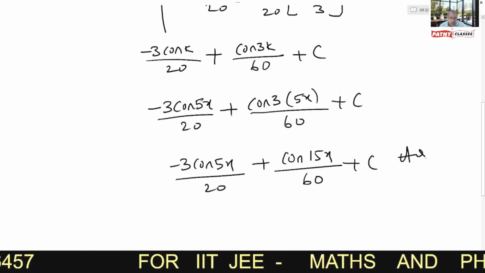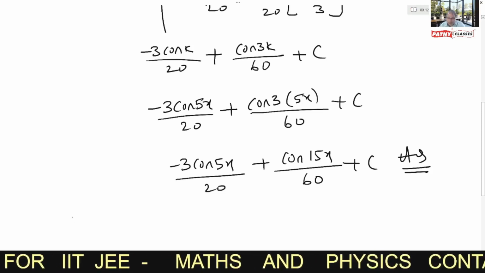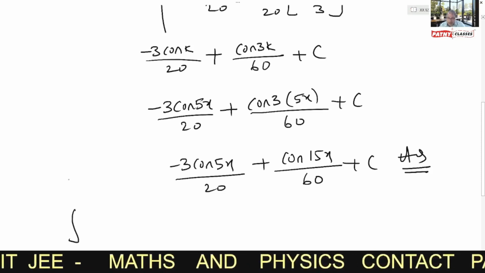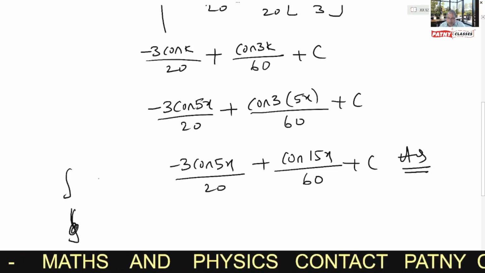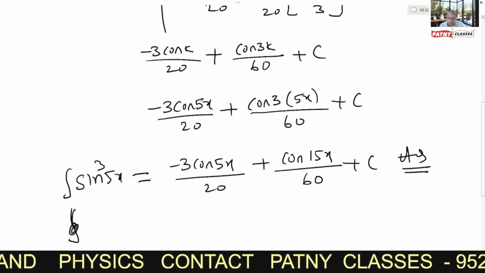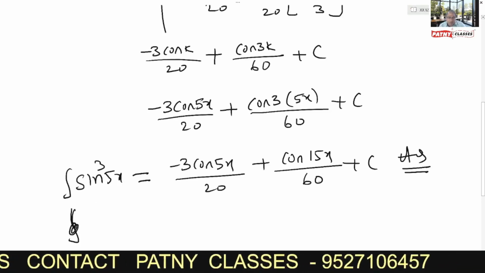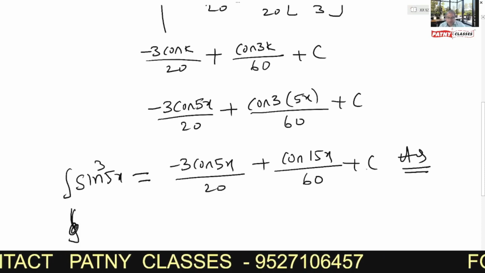This is the answer. Therefore integration of sin cube 5x equals minus 3 cos 5x upon 20 plus cos 15x upon 60 plus c.